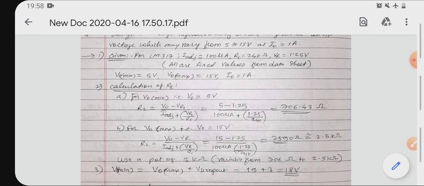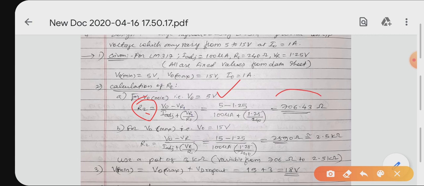Second step, calculation of R2, as there are two values of VO. For VO min, considering VO as 5 volt, you will get the value of R2 as 706.43 ohm. Similarly, considering VO max equal to 15 volt, you will get 2590 ohm.